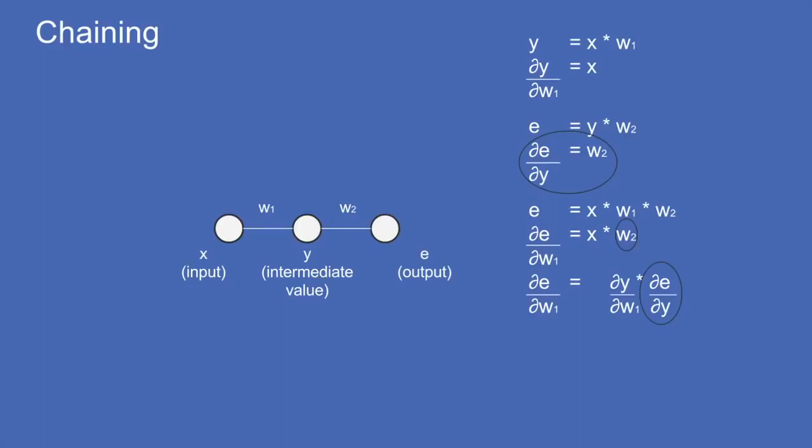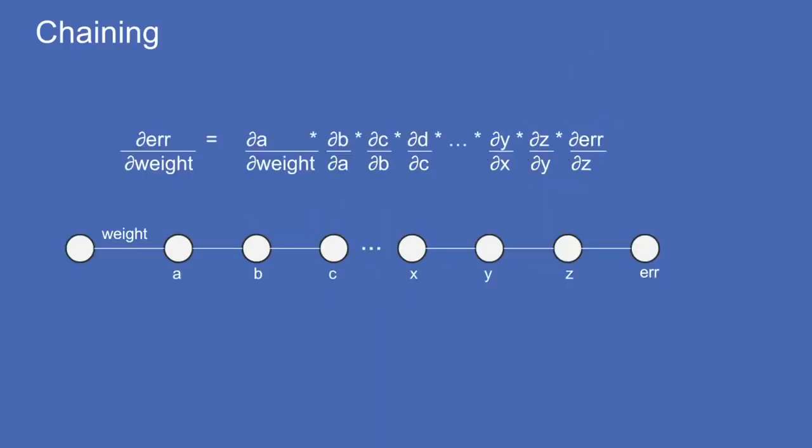This is chaining. You can calculate the slope of each tiny step and then multiply all of those together to get the slope of the full chain, the derivative of the full chain.